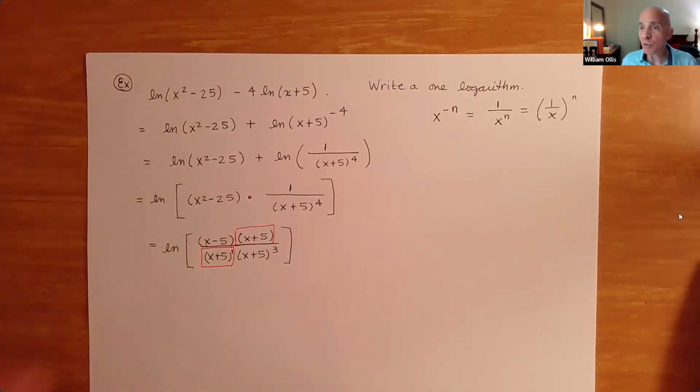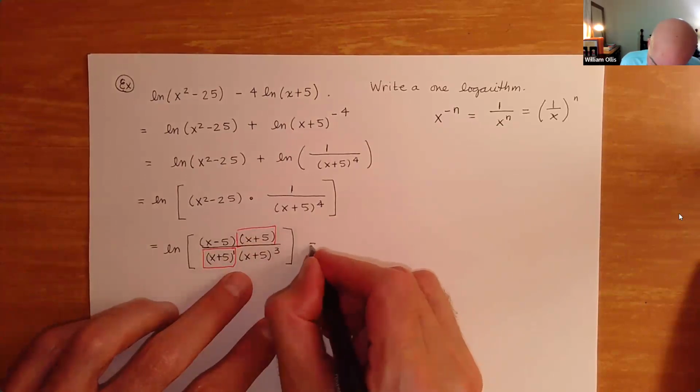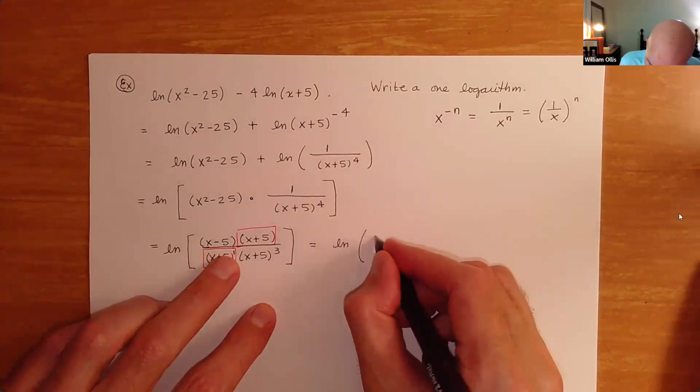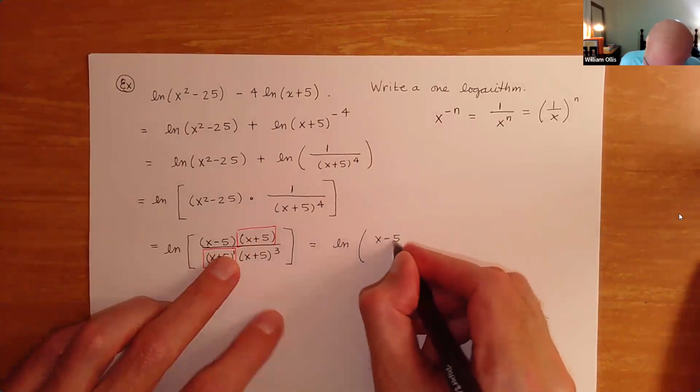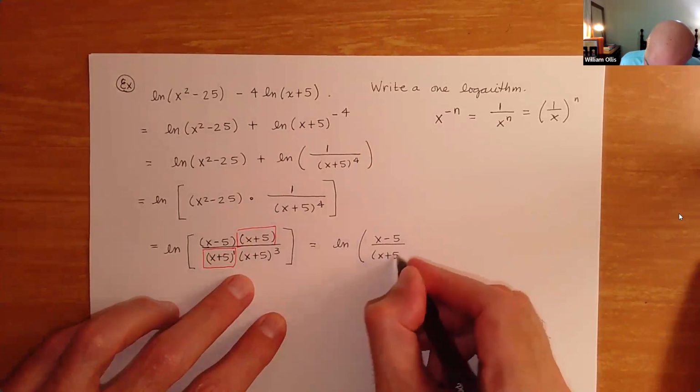They must be greater than 0 for the base a logarithm in the real sense to be defined. So now we see these absorb, and we've got a simpler expression. So we have, in this case, x minus 5 divided by x plus 5 to the 3rd power.